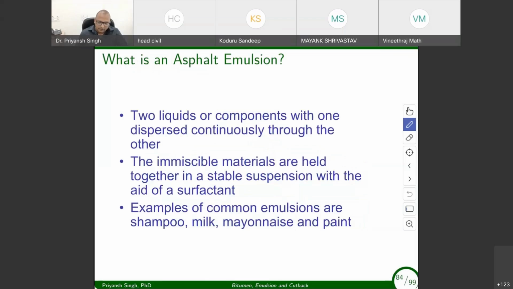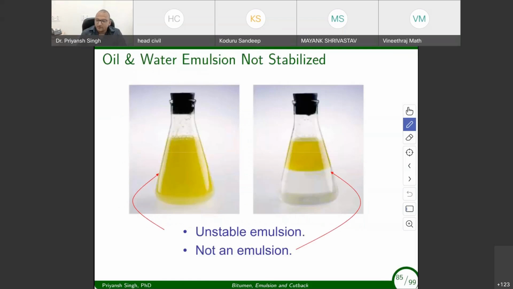In an emulsion, two liquids or components, with one dispersed continuously through the other. The immiscible materials are held together in a stable suspension with the use of some additive, known as surfactants. Major examples of this kind of emulsion are emulsion paint, mayonnaise, even blood.